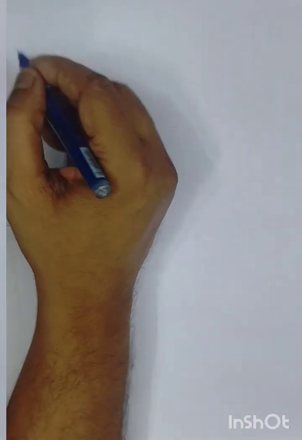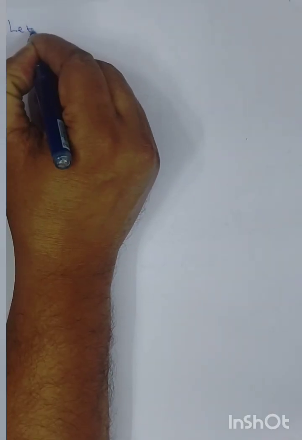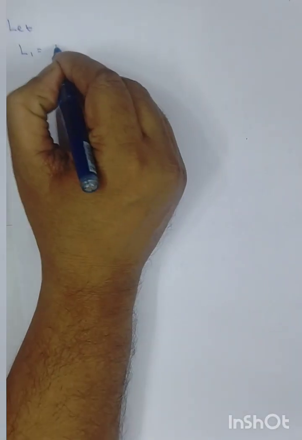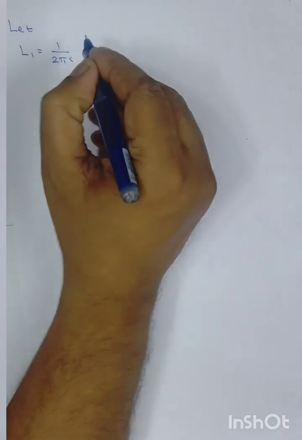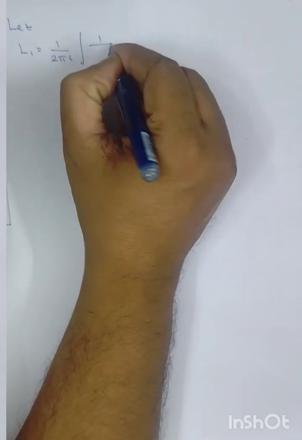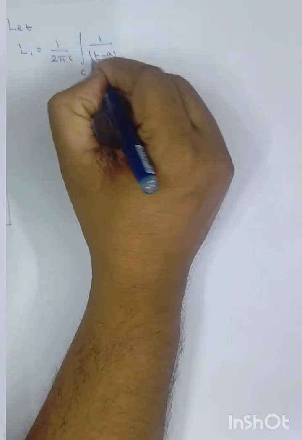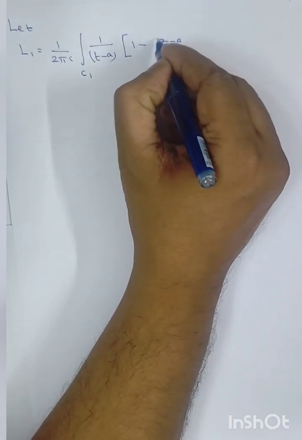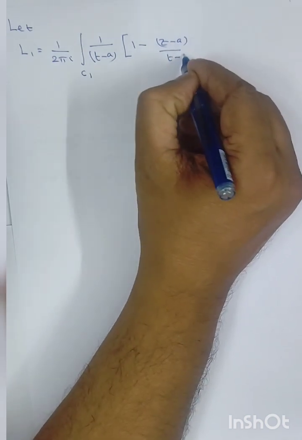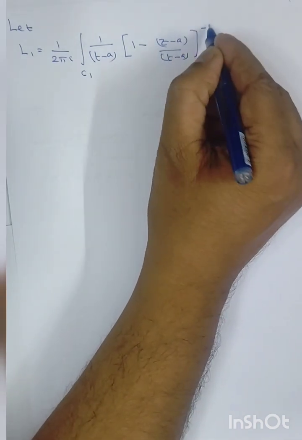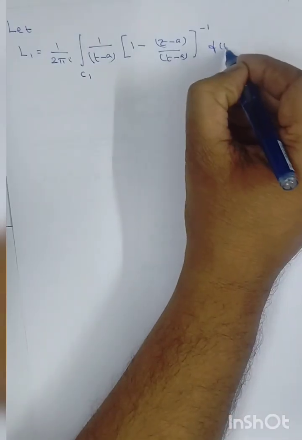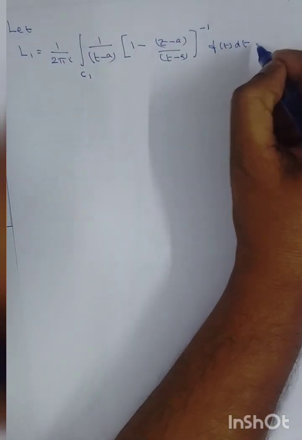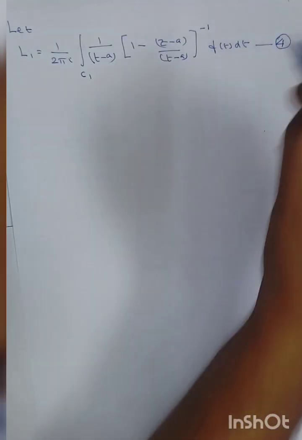Okay, in equation 3 we will substitute two parts. One part is that L1 is equal to 1 by 2 pi i integration of C1 1 by t minus a into 1 minus z minus a divided by t minus a whole power minus 1 f of t dt. So you keep it equation number 4.